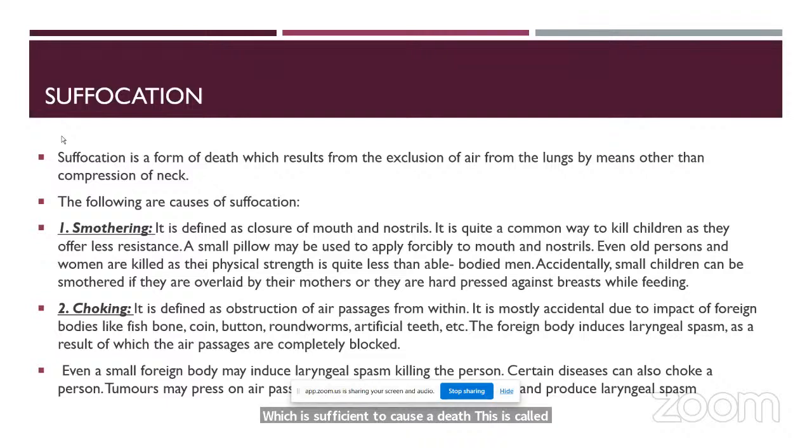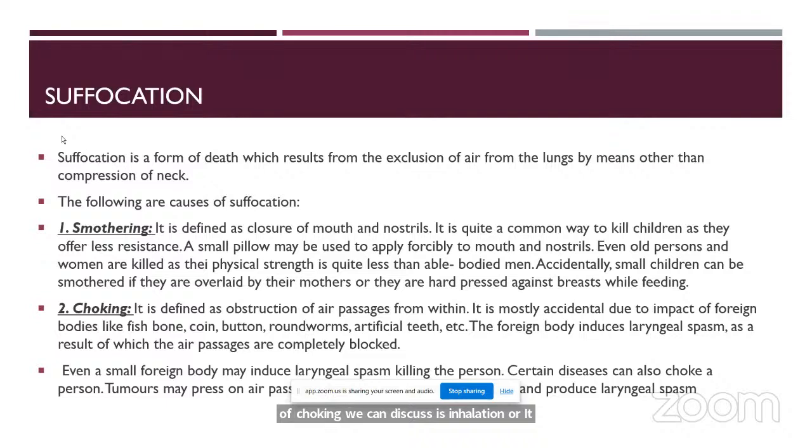For example, it may occur in a big crowd, like in a fair, where people may be trampled or pressure on the chest may occur, causing sudden death. And the other type of choking we can discuss is inhalation of irrespirable gases.